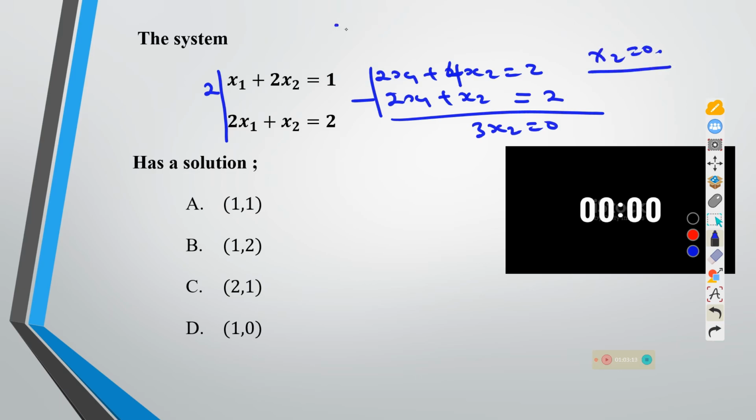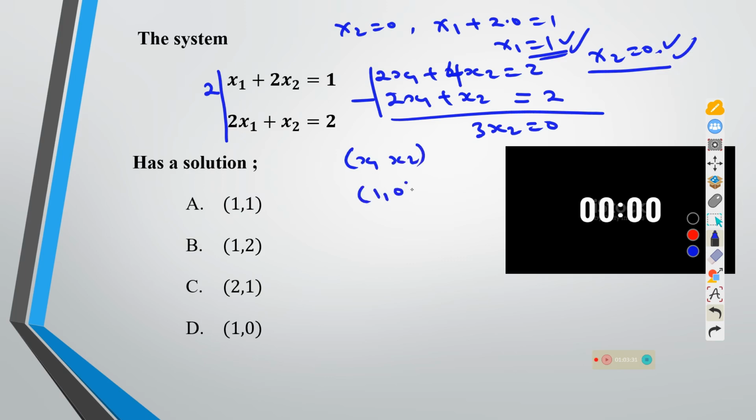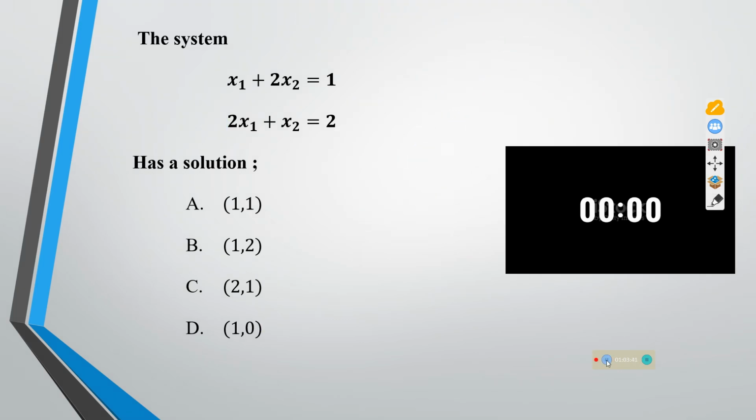If x2 is 0, then what will be x1? x1 plus 2 times 0 is equal to 1. So x1 is equal to 1. So we have 1 and 0 as x1 and x2. So that will be part D as the required answer.